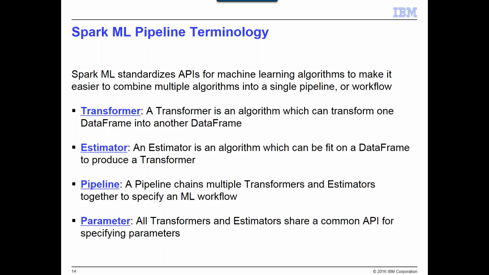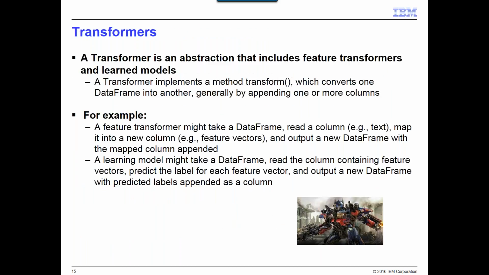It basically tells how the stage will actually work, and you get to specify not only what the inputs and outputs are, but any parameters that may enable it to act differently. So transformers are an abstraction, and we have feature transformers and learned models.